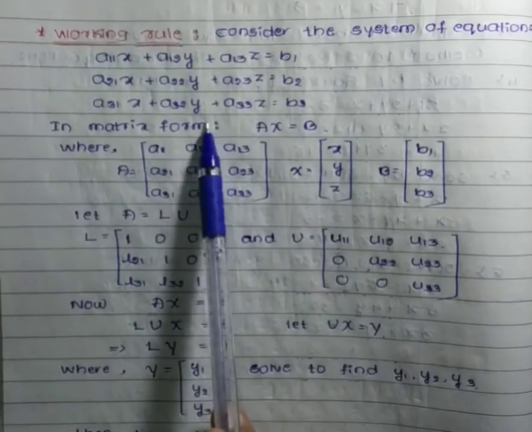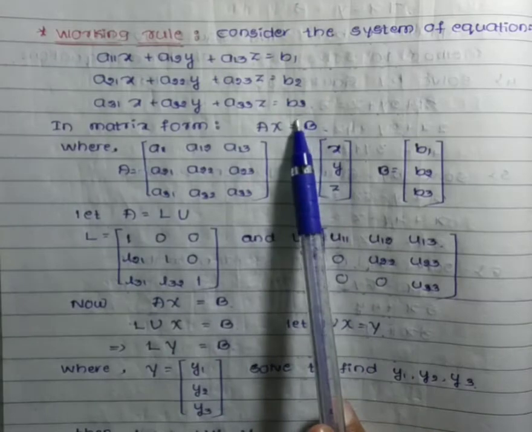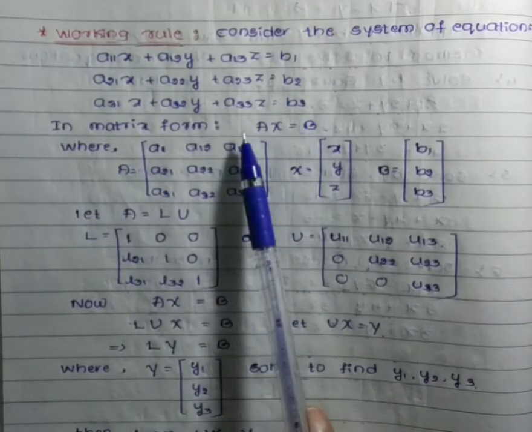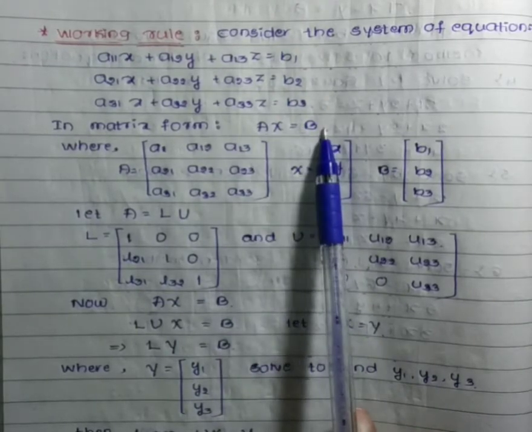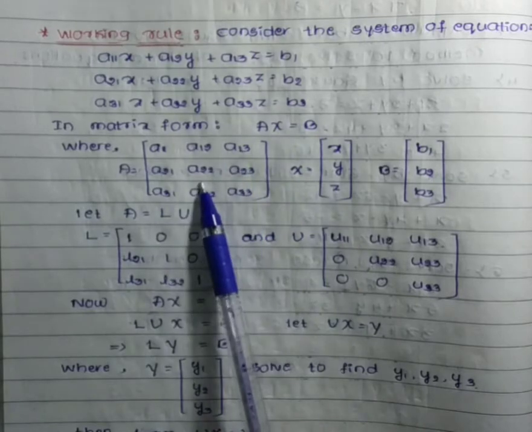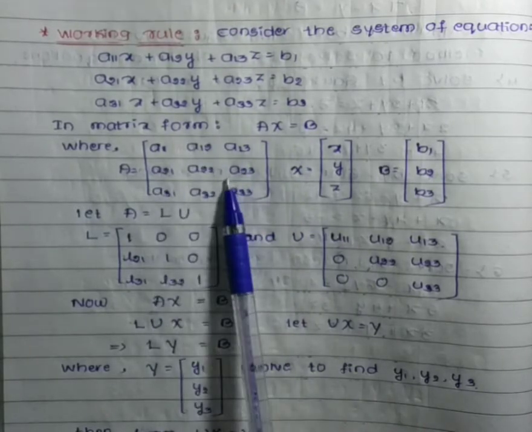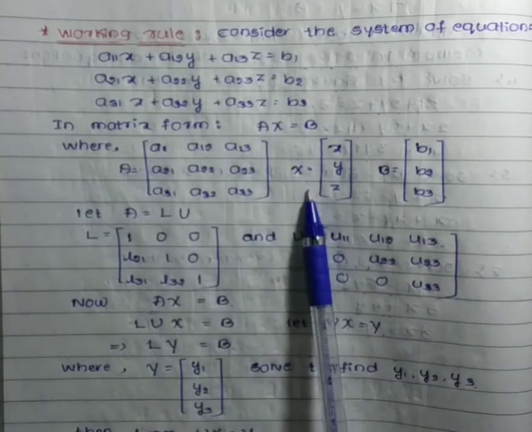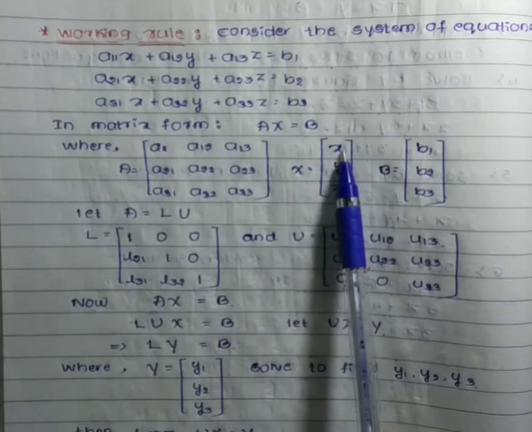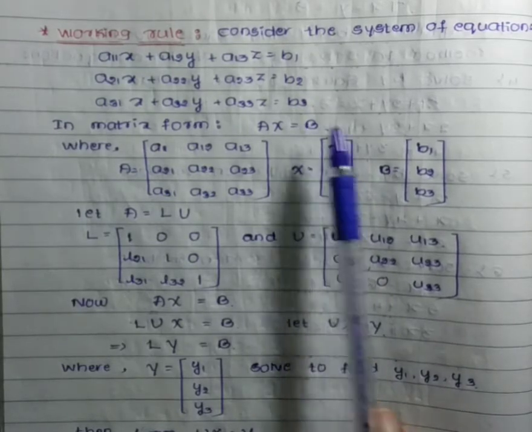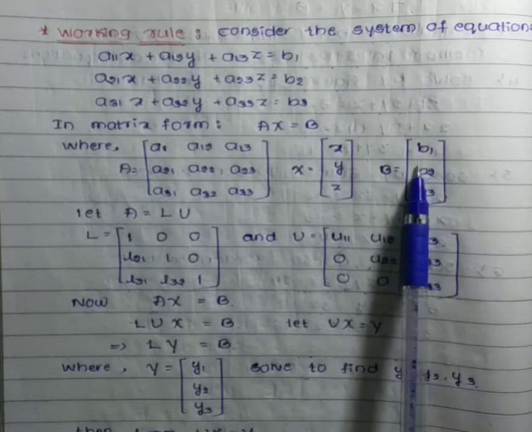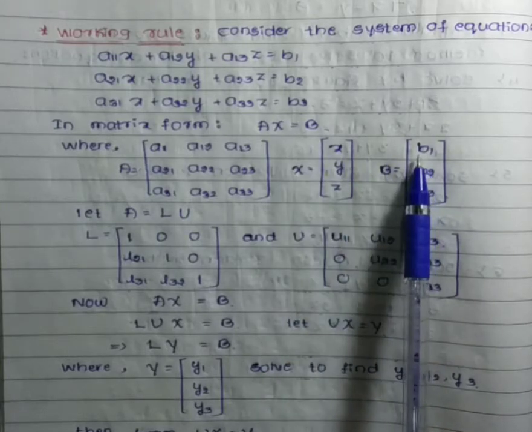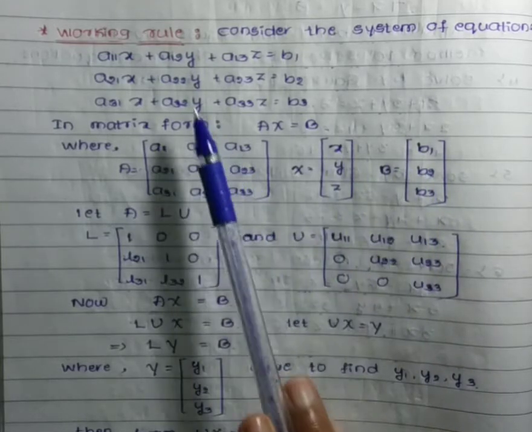First we have to express these three equations in matrix form, that is AX = B, where A represents the matrix of coefficients, X represents the matrix of variables, that is x, y, z, and B represents the constant matrix, here the constant values b1, b2, b3.